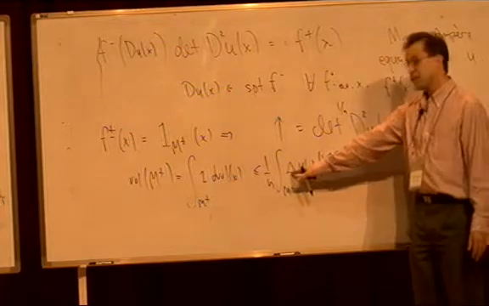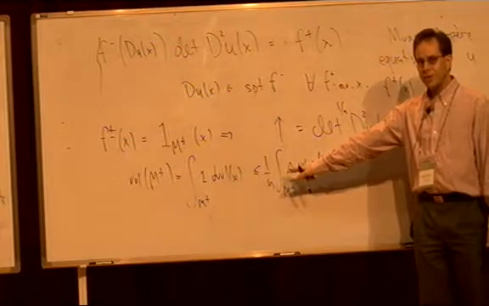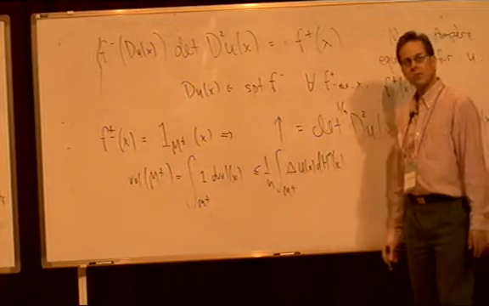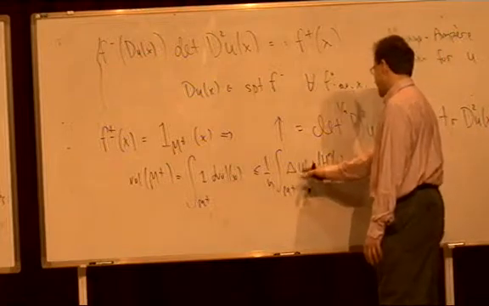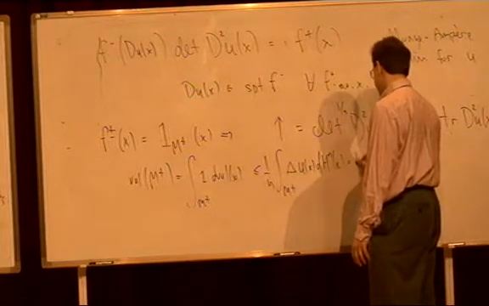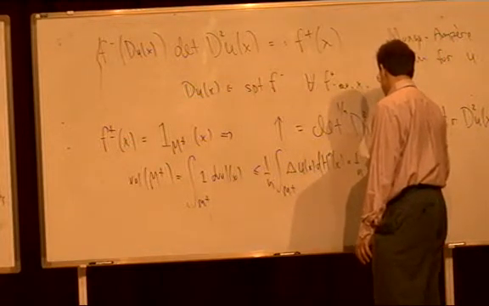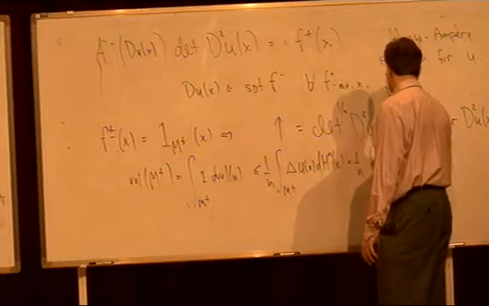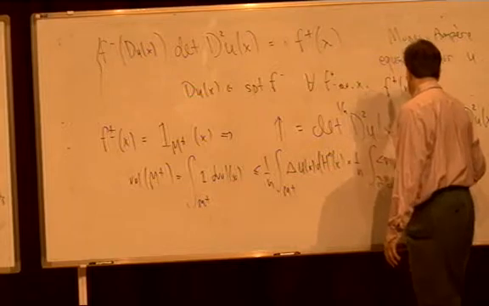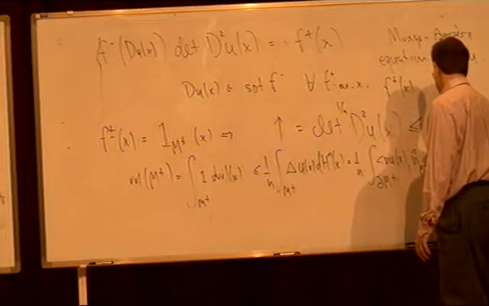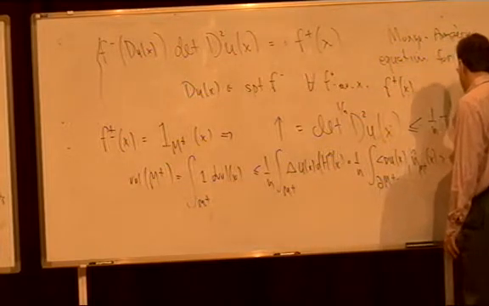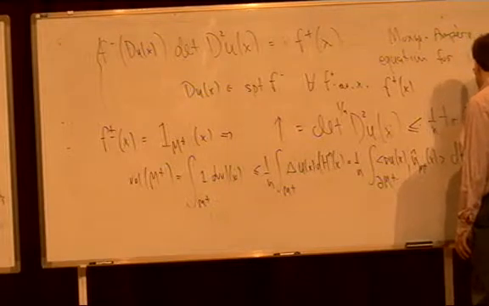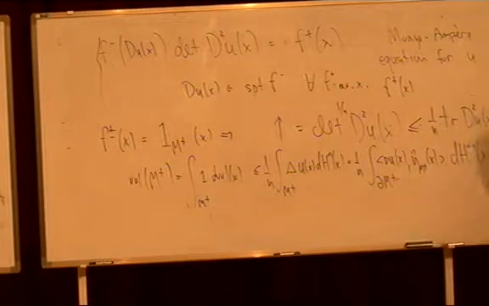But the Laplacian is the divergence of a gradient, and so I can use Stokes' theorem to make this a boundary integral of the gradient of u at x dotted with the outer normal to M plus at x. And now I'd be integrating with respect to surface area on the boundary of M plus.